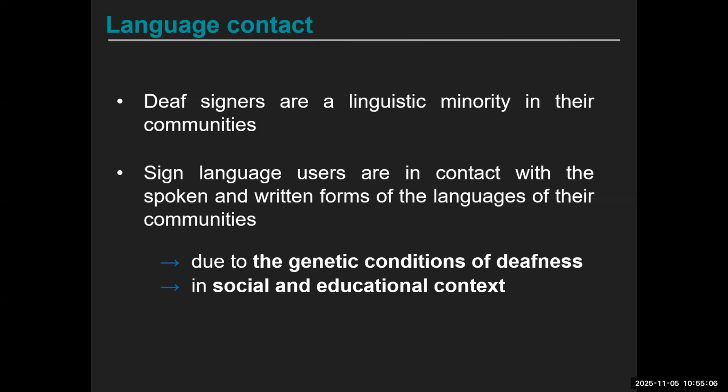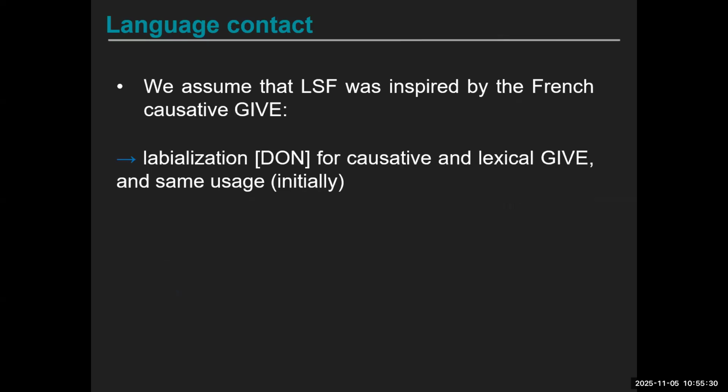And so they're being exposed to these spoken languages at all times. They're also being exposed to the written format of these languages through SMS texts, through billboards, through posters, through the books around them, etc.